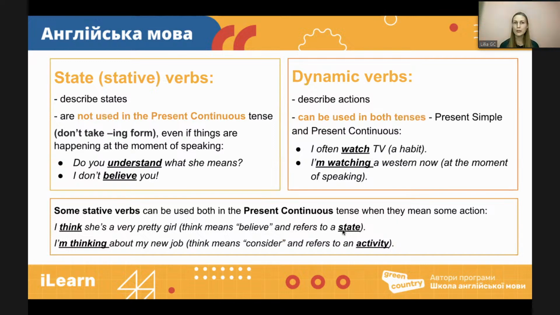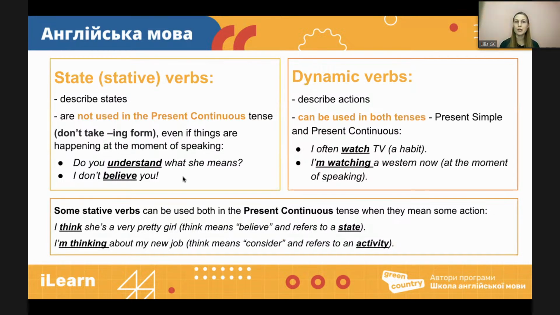So we already mentioned state or stative, sometimes verbs, and now I want to focus on the difference between them and dynamic verbs. So state verbs, they do not mean any action. They describe some state. For example, I know something. Do I do any action to know? I just have some knowledge in my head, that's it. Or I like something. Do I do any active movements in order to like? Again, no, I just express my preferences.